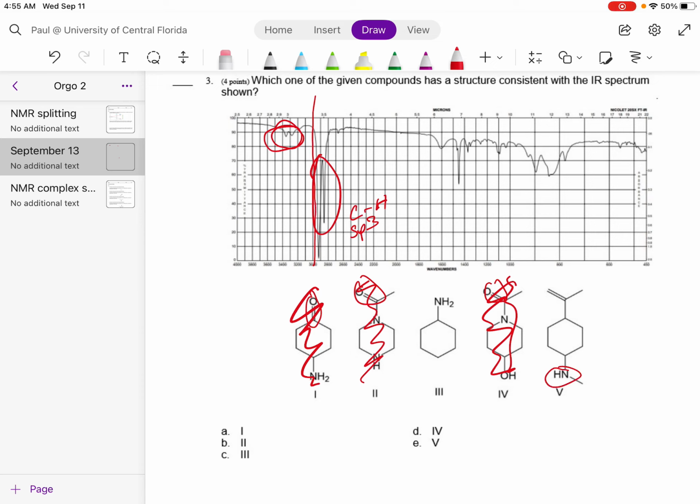And this nitrogen species has 1 proton, and that one has 2, because of that signal right there. Also, I don't have any carbon double bond stretches or the sp2 carbon hydrogen stretches. So that would be the correct answer.